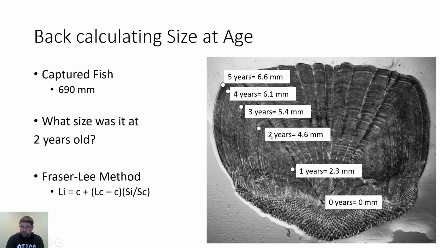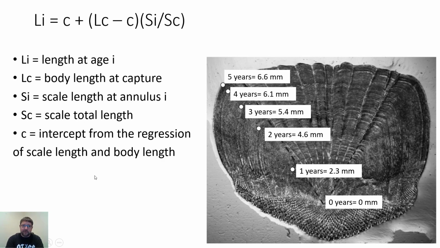I know how big the scale was. It was 4.6 millimeters from the focus. Knowing that, I can use the Fraser-Lee method to back calculate the size of the organism at 2 years of age. So what is the Fraser-Lee method?